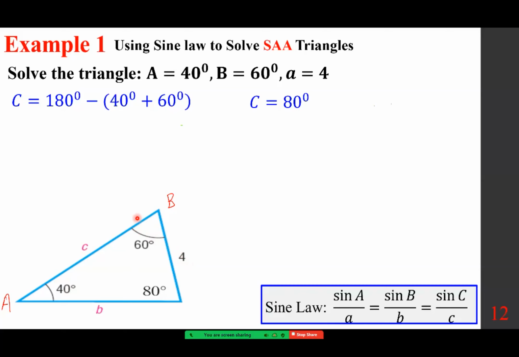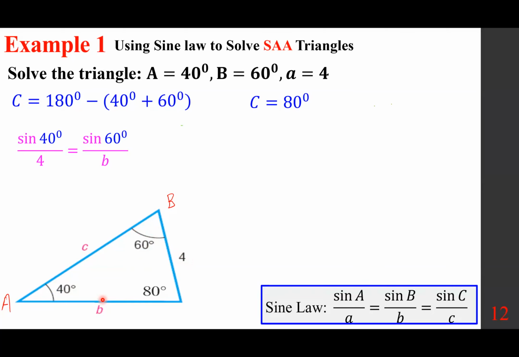For example, this side, sine of 60 degrees over the lowercase b, and find the missing b. We do the cross product. So 4 times sine 60 is b times sine 40. Or you may recognize b is the product of these two divided by sine 40.